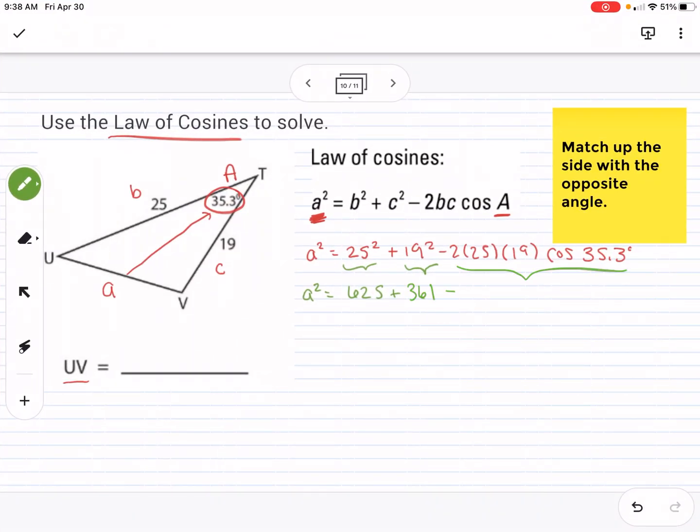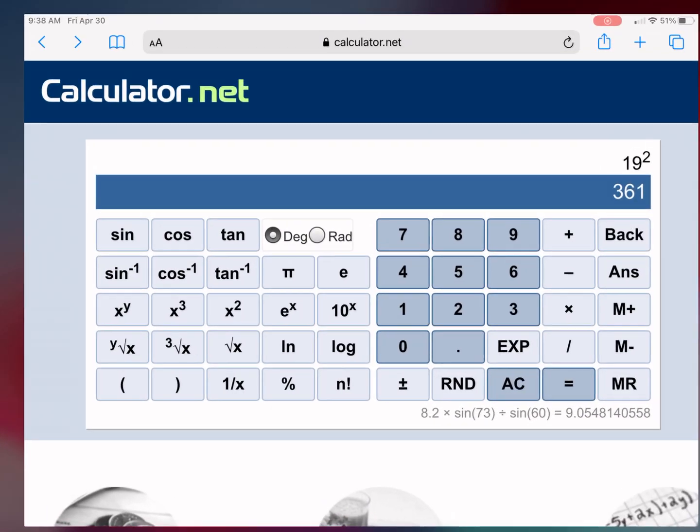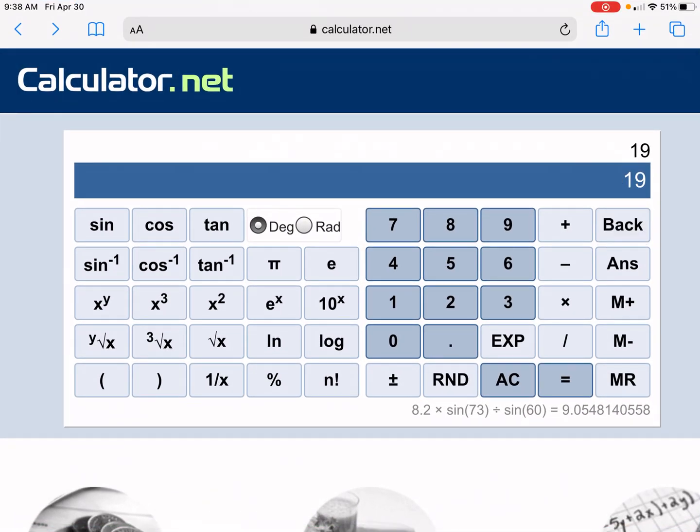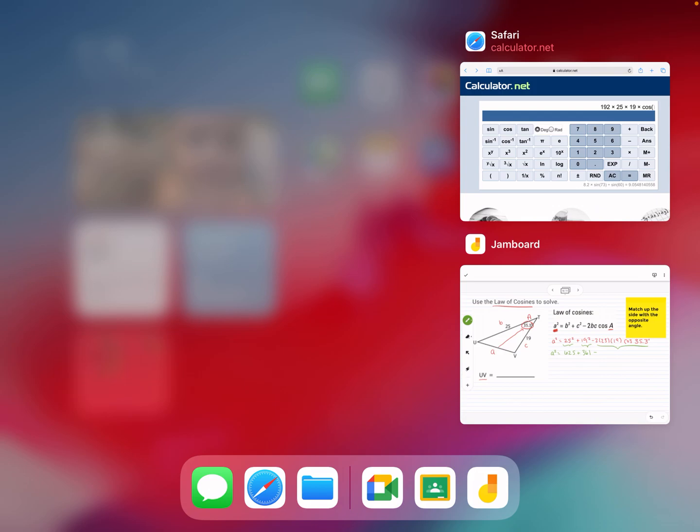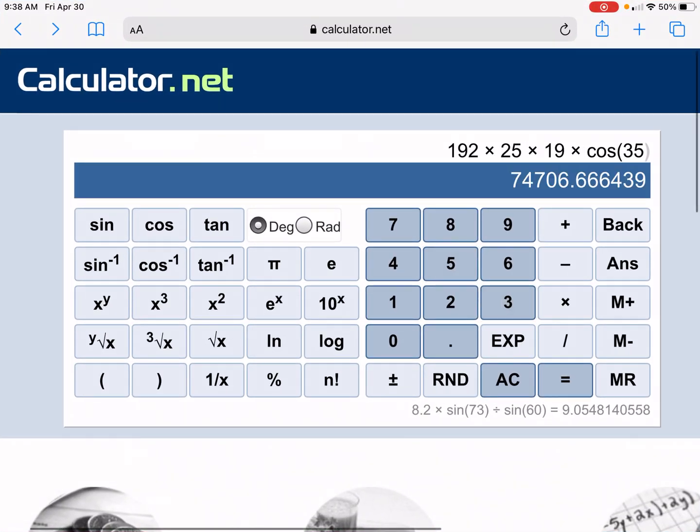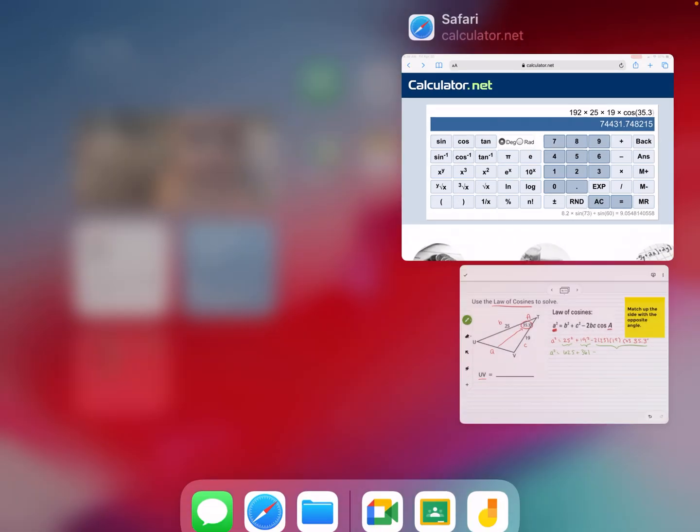Then I'm going to do 2 times 25 times 19, times cos 35.3.